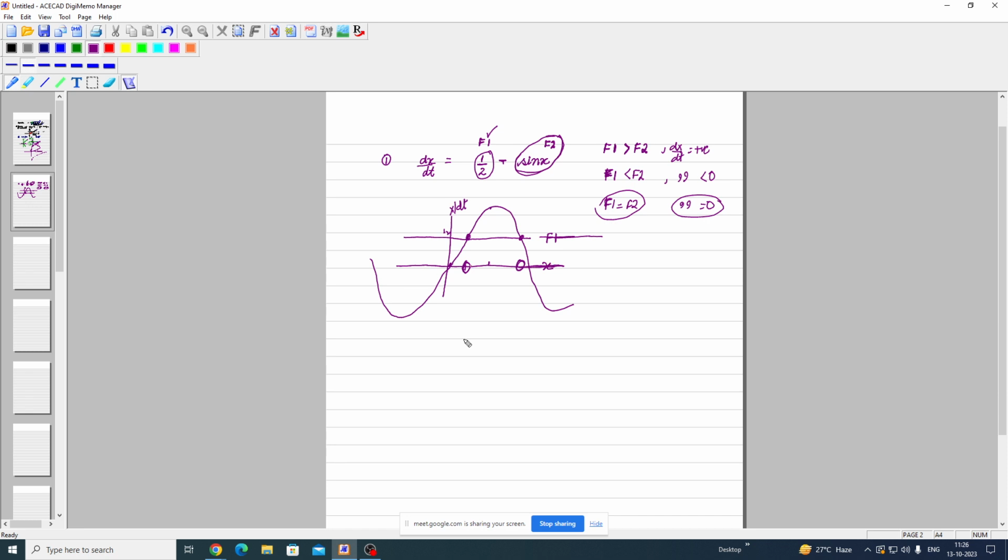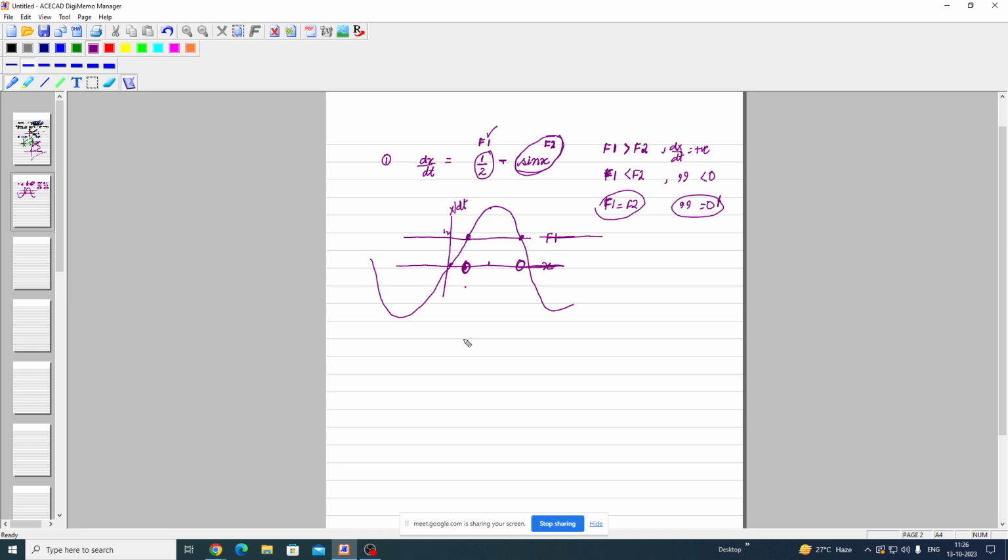At the fixed point, dx by dt is definitely equal to 0. That is how we define fixed points. But what is happening around the fixed point is going to tell me what the stability of the fixed point is. So let's start with the first fixed point that I have drawn here.